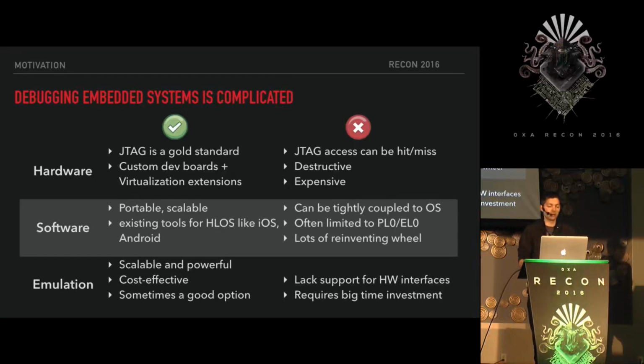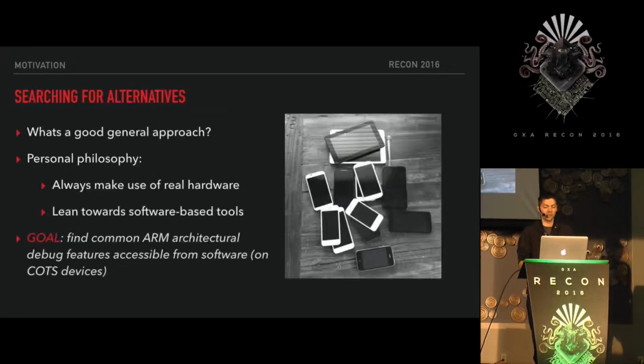Software, on the other hand, is portable and scalable, but most of the tools you find for Android and iOS are limited to user mode. And then emulation's really cool, but the problem is, I'm always interested in the low-level interface. Maybe the interaction with the modem or other drivers, and trying to spend time to emulate that is just too costly.